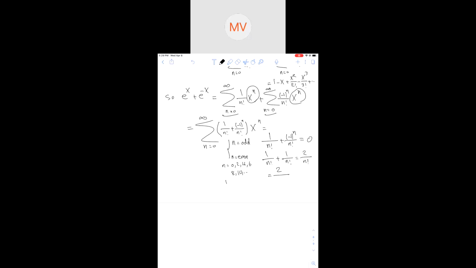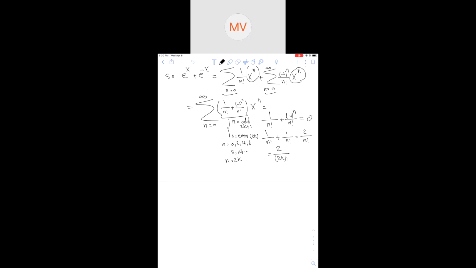That's how we represent even numbers. Odd numbers are represented by 2k plus 1. Even numbers are represented by 2k. So it's 2k factorial. Good? So you can write it as the sum of 2 over 2k factorial x to the 2k, k from 0 to infinity. You okay with that?